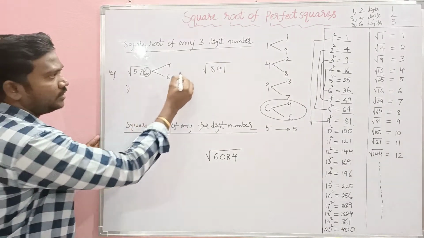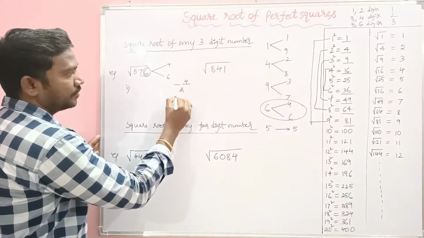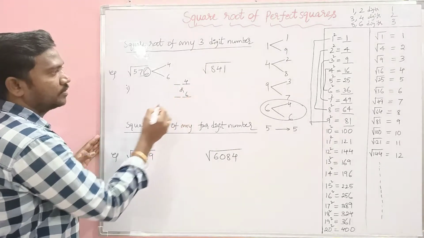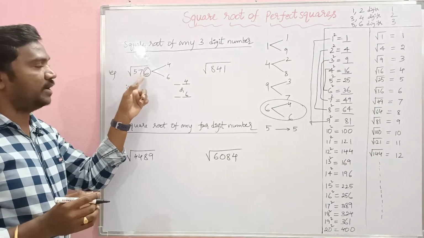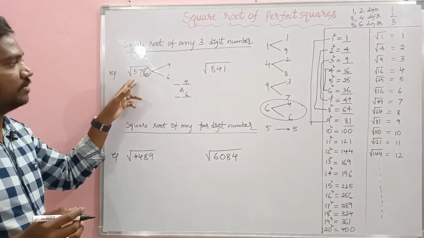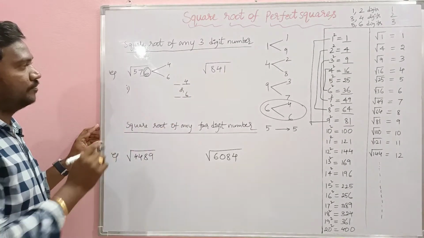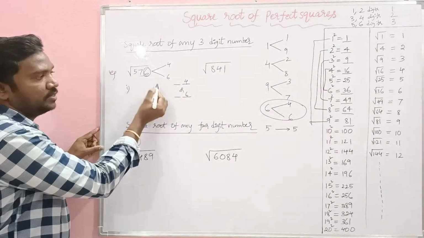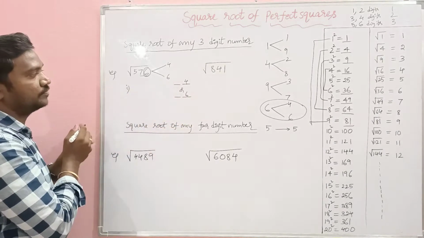Now there are 2 answers. The square root of 576, which is a 3-digit number, will be a 2-digit number. So in the answer, units place is either 4 or 6.